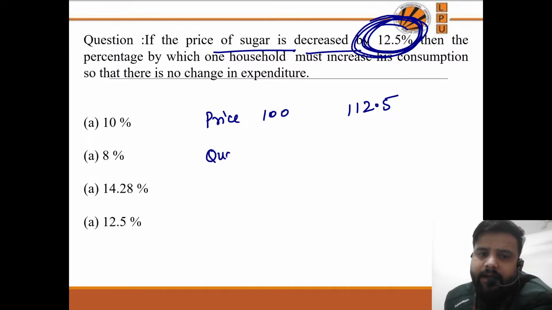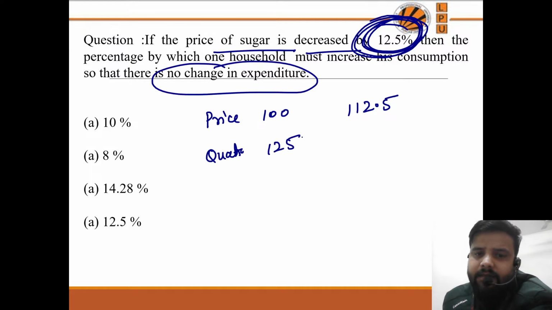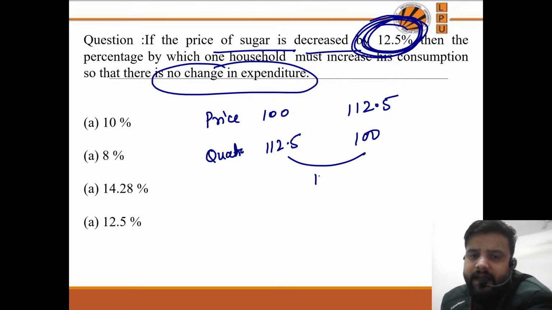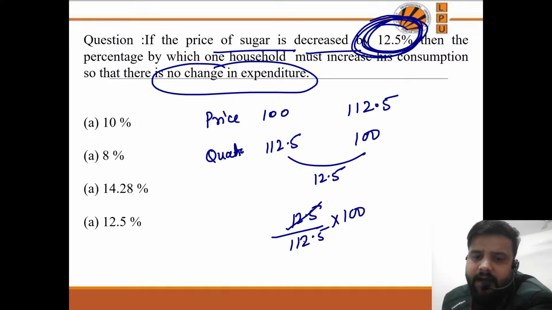What will happen with the quantity? Because there is no change in the expenditure, quantity becomes 112.5 to 100. So how much decrease is there? 12.5. The decrease is 12.5 divided by 112.5 multiplied by 100.